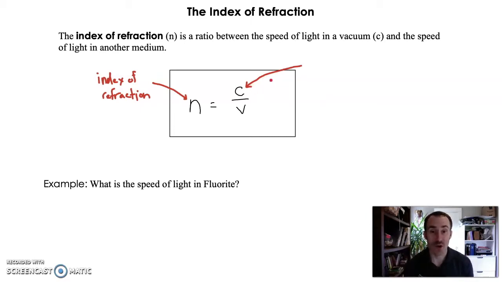The speed of light is always the same in a vacuum. So it's c for constant speed of light, but we're just going to write speed of light. And then v is the speed of light in the material we're talking about.